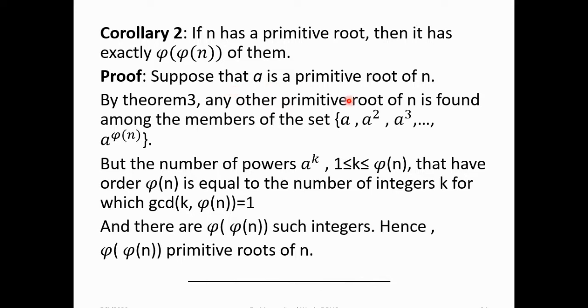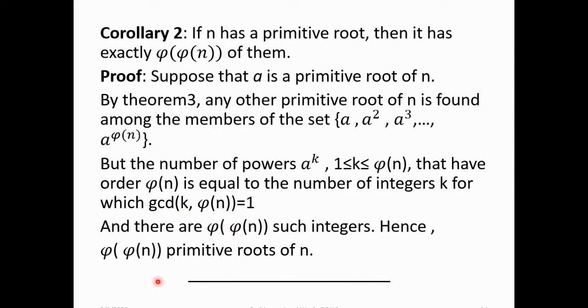Suppose that a is a primitive root of n. Then by theorem 3, any other primitive root of n is found among the members of this set: a squared, a cube, up to a to the power phi n. But the number of powers a to the power k, 1 ≤ k ≤ phi n, that have order phi n is equal to the number of integers k for which k and phi n are relatively prime.